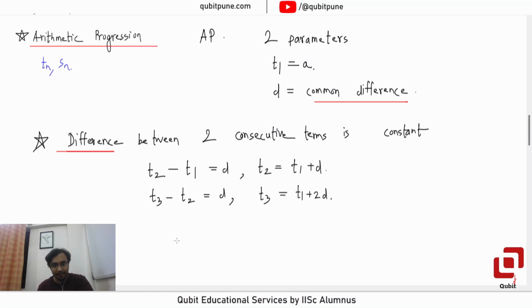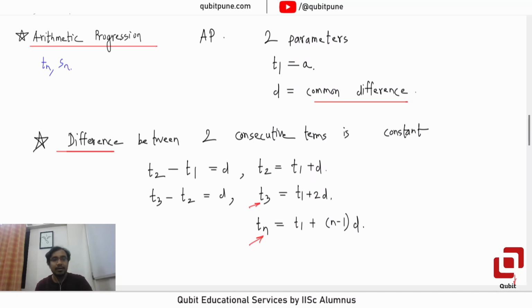So in general, the nth term becomes the first term plus n minus 1 times D. That pattern is not very difficult to spot. Because we are going to the third term, it should be 2 times the difference away from the first term. So if we are at the nth term, it should be n minus 1 times D away from the first term, and hence the general formula.